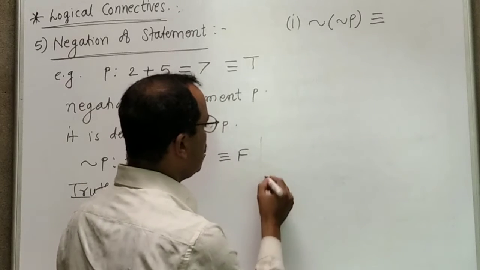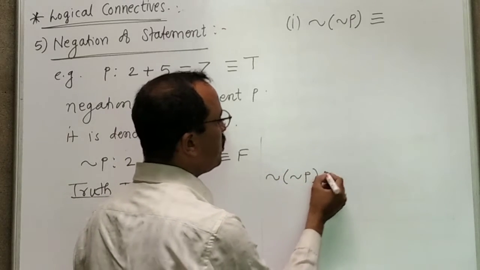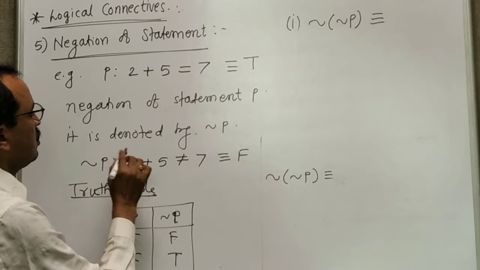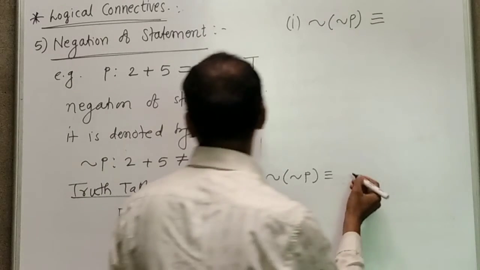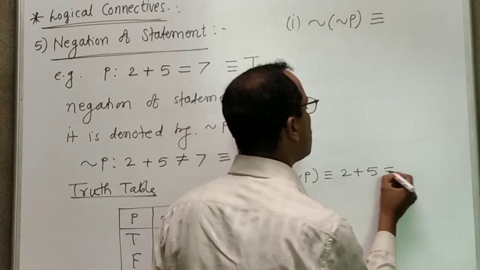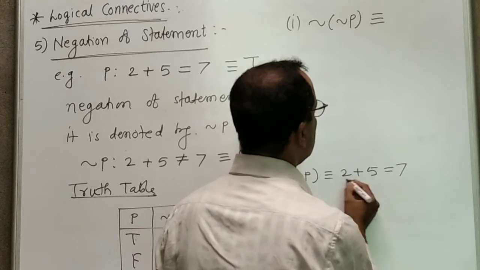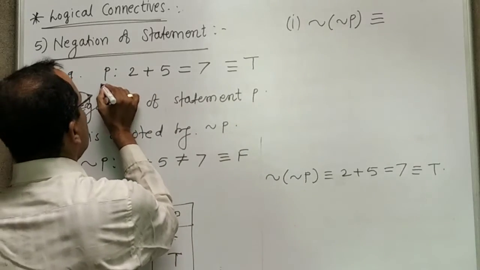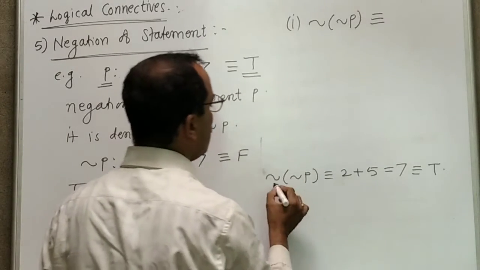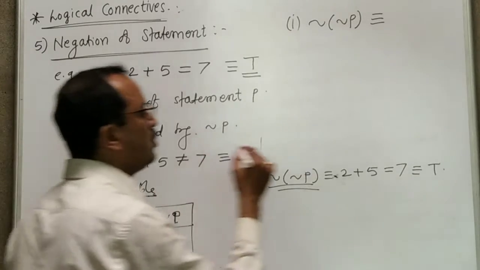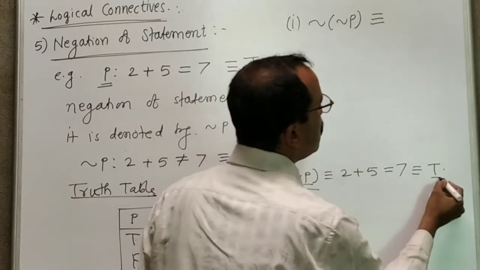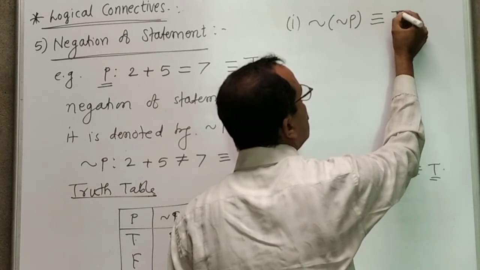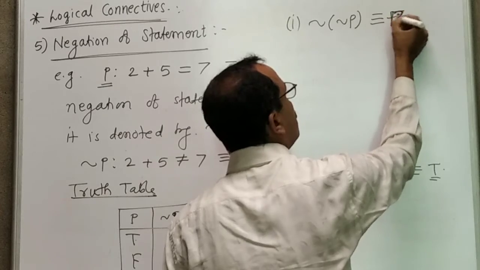So if we write negation of negation P, this statement is negation P. We write the negation of this statement, then we get 2 plus 5 is equal to 7. So the truth value of this is T. So the truth value of statement P is T, and the truth value of negation of negation P is T. So we get true.